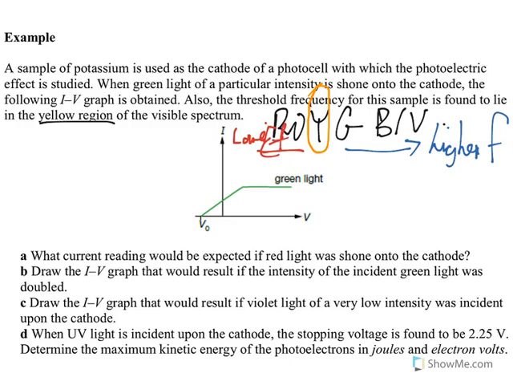So that, of course, has to do with the energy as well. The first one asks what current would be expected if the red light was shone onto the cathode. Seeing as yellow's the threshold and red light is a lower frequency, lower energy, there's not going to be enough energy, so 0 volts. Oh, 0 amps, talking about the current.